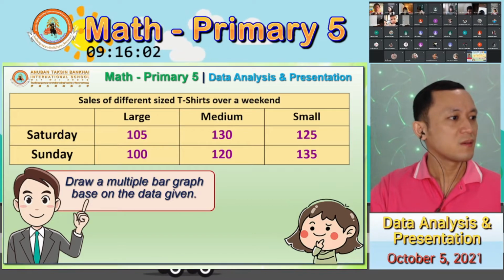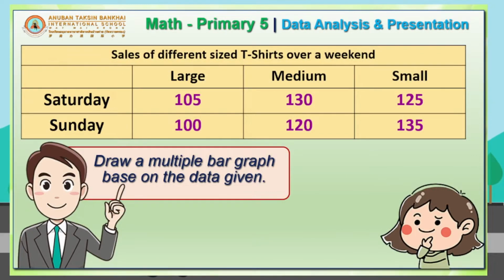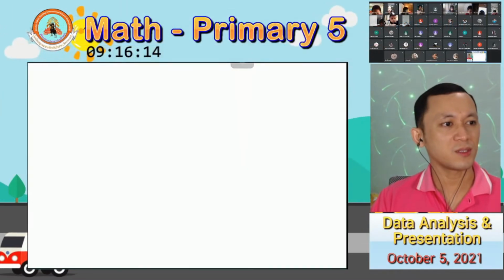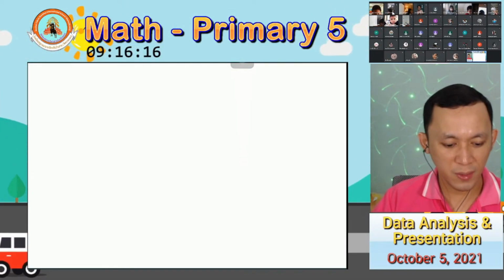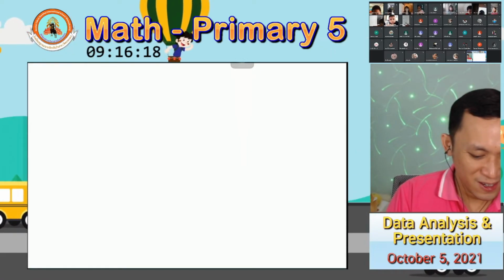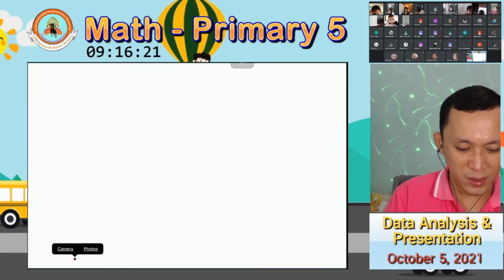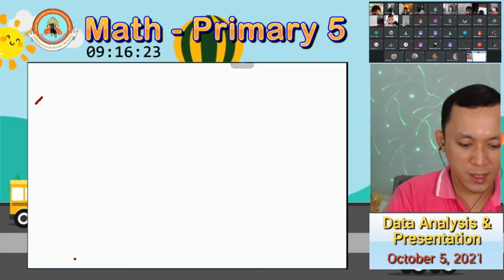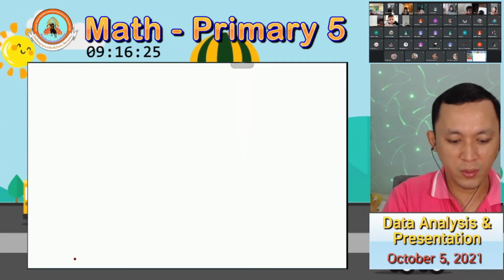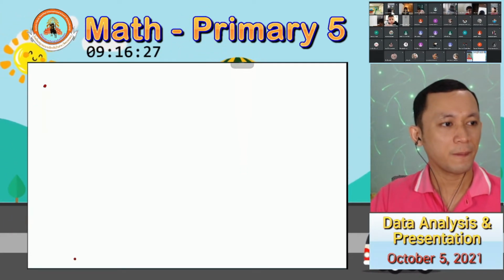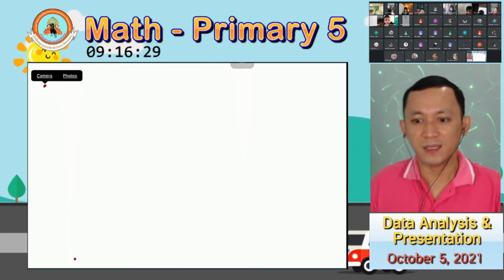I'll try to look for my ruler. Let's do this one; I'll try to make it on my iPad. First we're going to make the vertical axis.